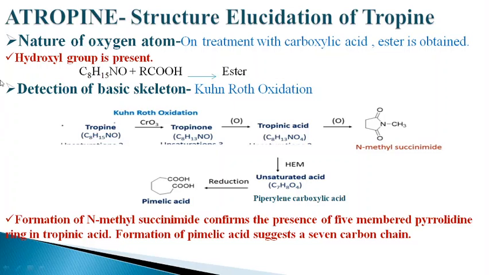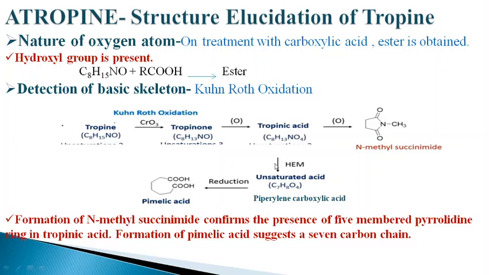This tropinone on further oxidation forms tropinic acid. As you can see, the molecular formula is C8H13 and the oxygen atoms have become 4.